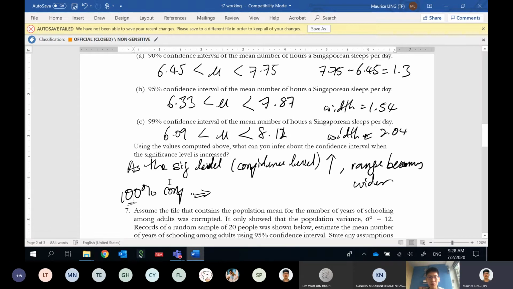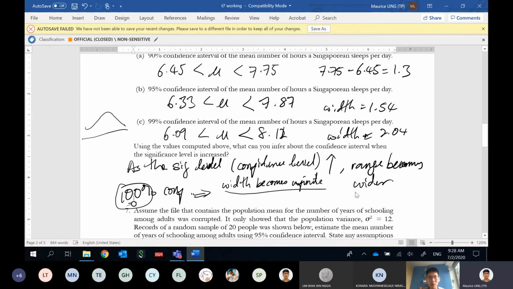This is why it was said that the more confident you are, the wider the range. So for a 100% confidence interval, the width technically becomes infinite, for a very simple reason: your normal distribution curve never touches the axis. So you cannot know what's 100%.